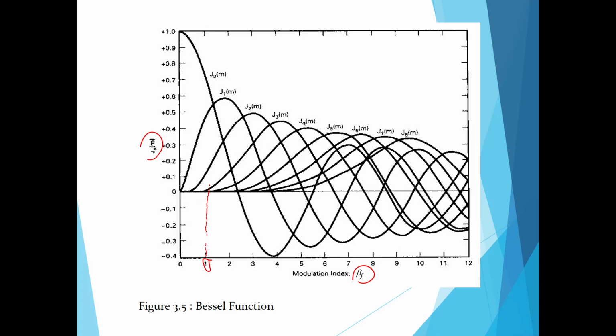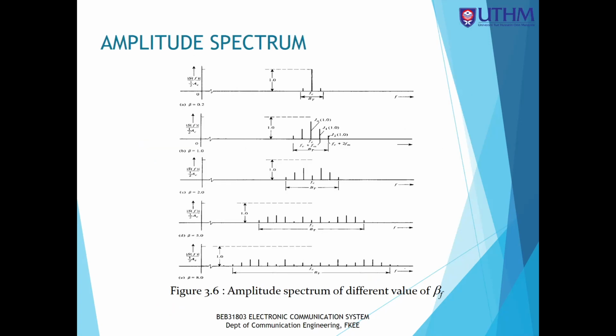The line will cross at J3 and then J2, J1 and J0. So you have up to J3, from J0, J1, J2 and J3, for beta equal to 1, and you can try the rest. For simplicity you can use the table. You can read on your own about this.